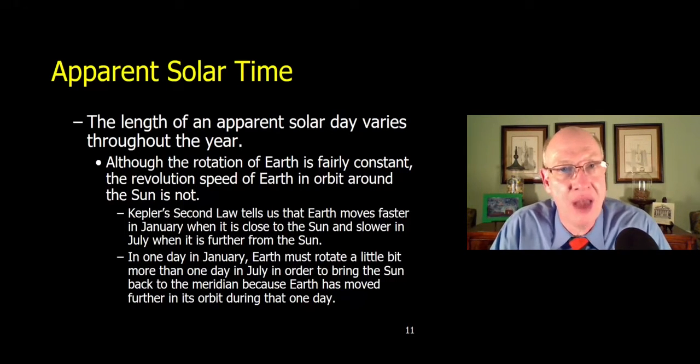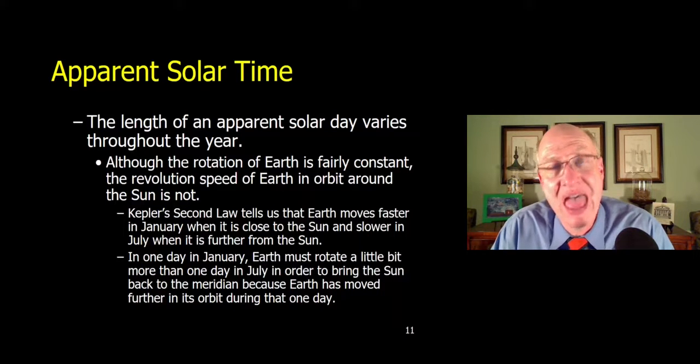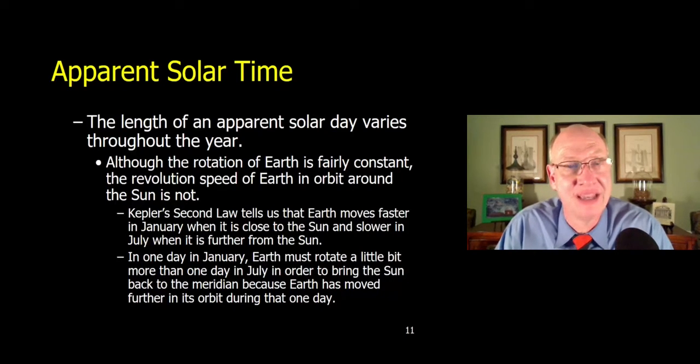We're going to see later on in the semester that the astronomer Johann Kepler first figured out exactly how it is that planets orbit the sun, the laws of physics that dictate how planets orbit the sun. And Kepler's second law tells us that when the Earth is closer to the sun, like it is in January, it's moving a little bit faster. And when it's farthest from the sun, like it is in July, it's moving slower.